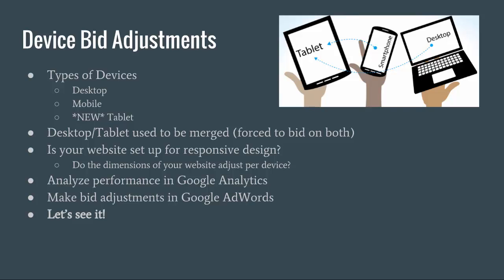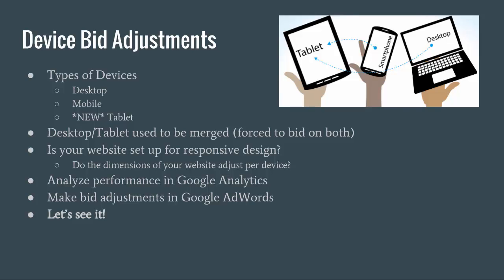So now we can analyze the traffic that's coming from tablet devices, and if it's good, we can bid up for those devices, and if it's bad, we can bid down for them. Honestly, I'm surprised that they didn't come out with this change sooner, but I guess that's irrelevant because it's out now, so yay.